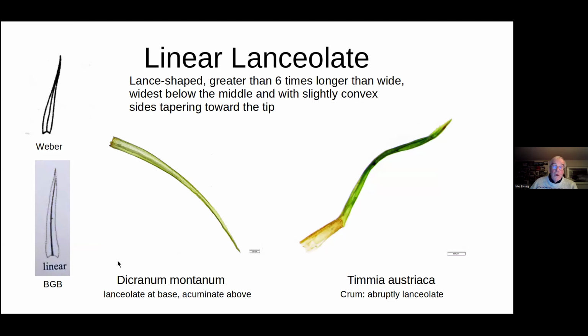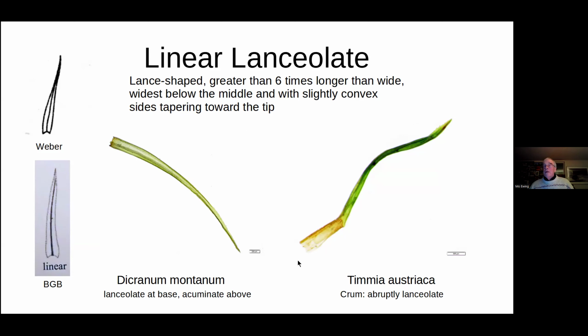I think this was from BFNA, and they define it as lanceolate at the base but acuminate above, which means that it comes to a long, thin point. I would call this linear lanceolate.